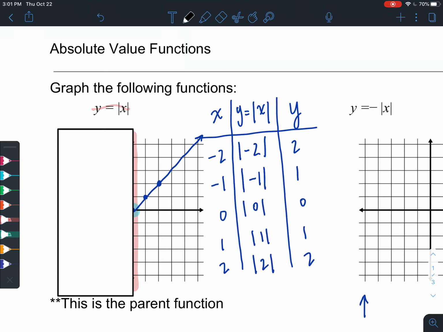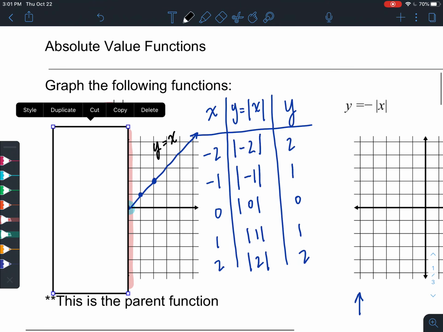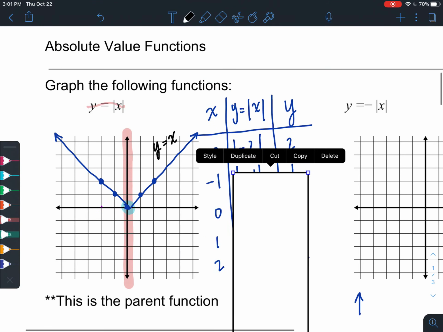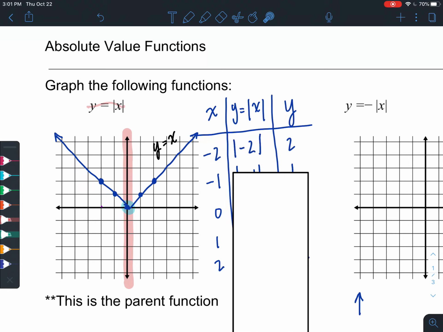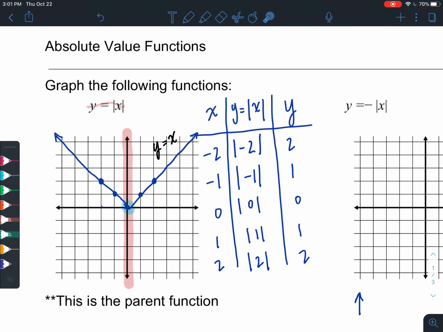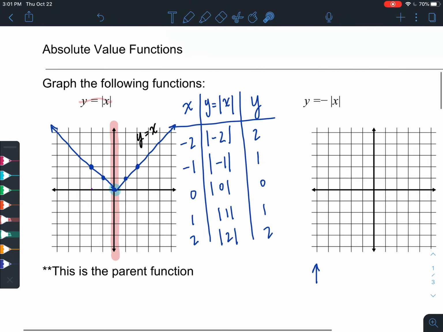It's basically the line y equals x. But then we have y equals -x on the other half here, but it just doesn't go down into the negative area down here. So that's going to help us graph a little bit. All right, so this is a parent function. This is the starting point for all absolute value equations.